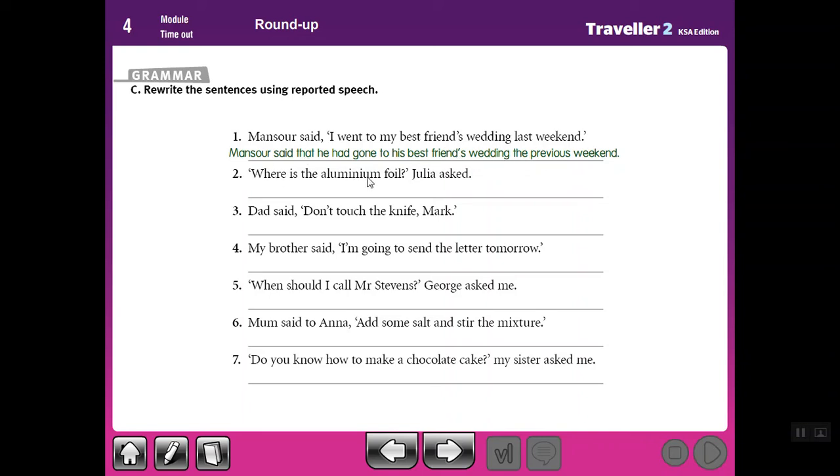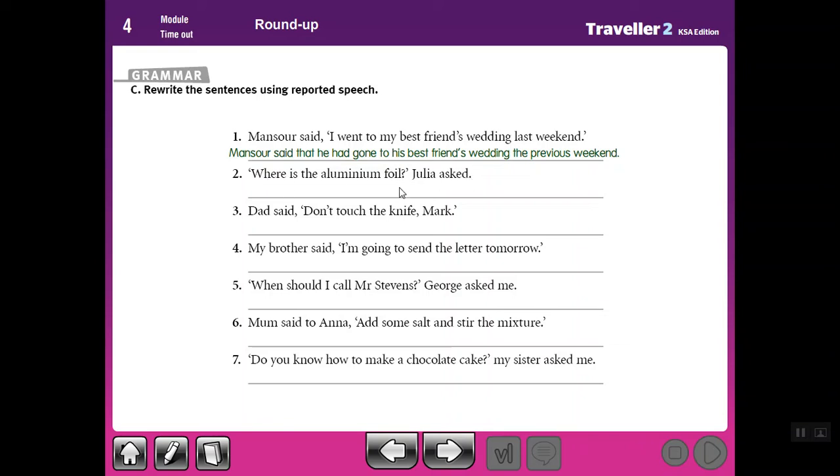Number 2. Where is the aluminum foil? It's a question. Julia asked it. So when I exchange the question, I say Julia asked, and I use the question word where as a connector.